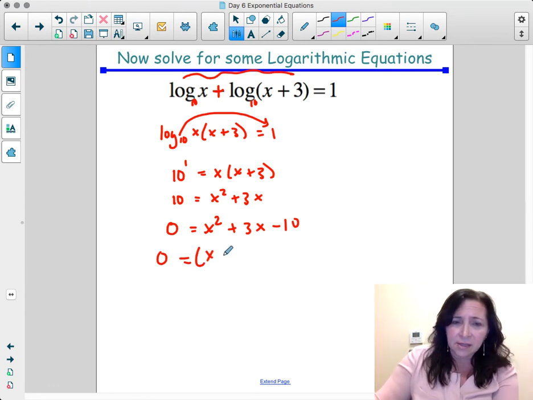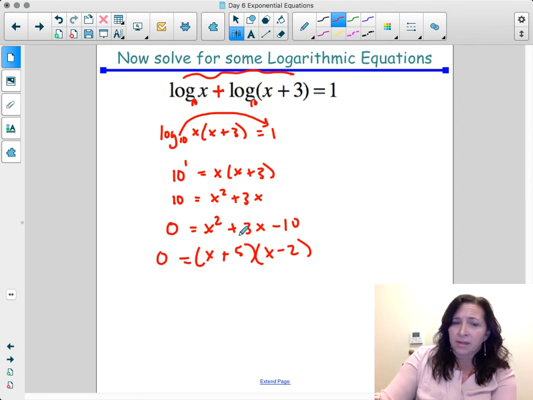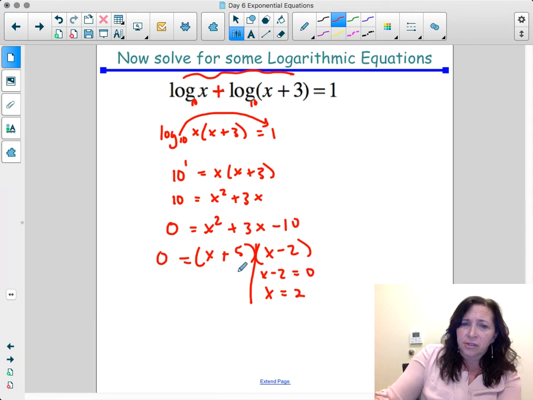So I get x plus 5, and then x minus 2, because I need numbers that multiply to negative 10 and add up to 3. I'm going to split these up. I get x minus 2 equals 0, so x is equal to 2. I get x plus 5 equals 0, so x is equal to negative 5.